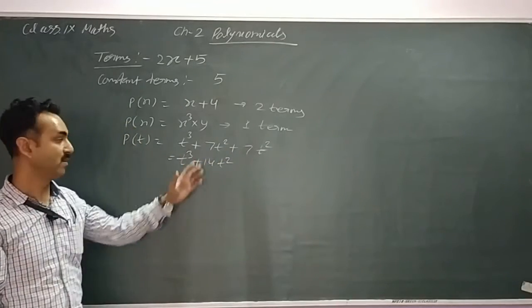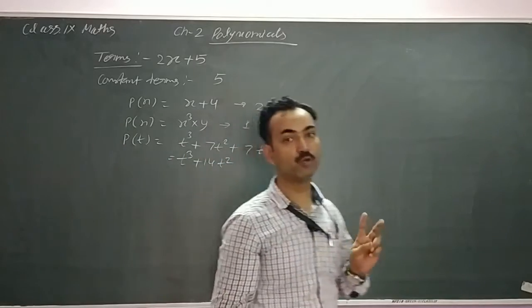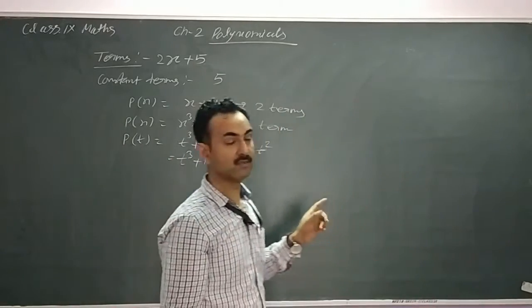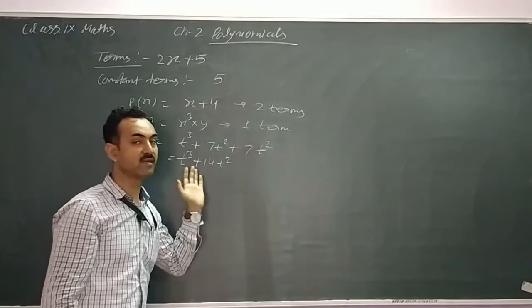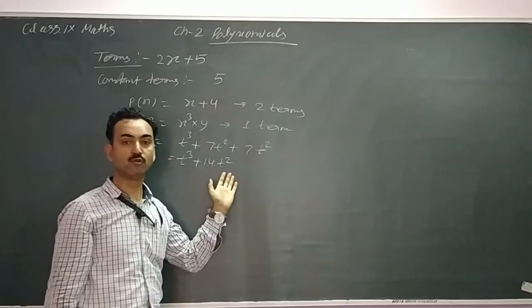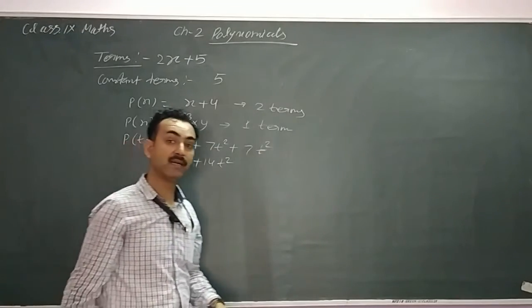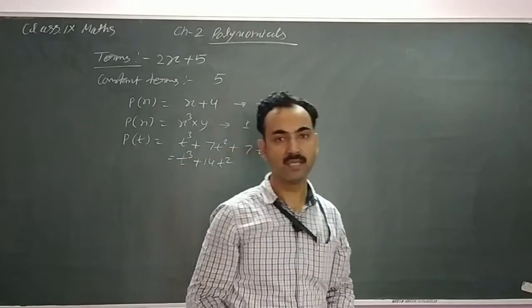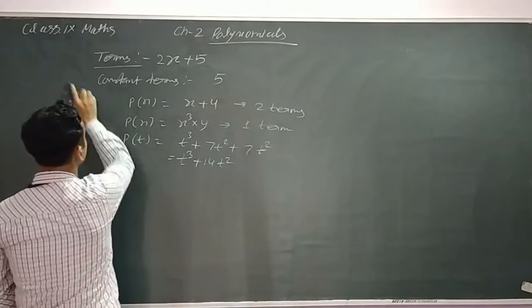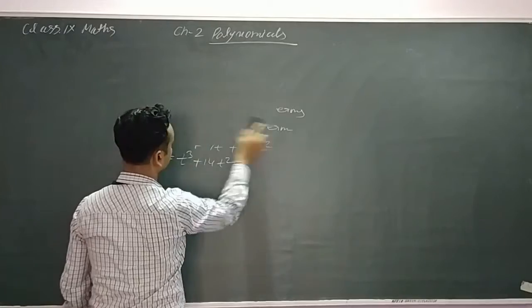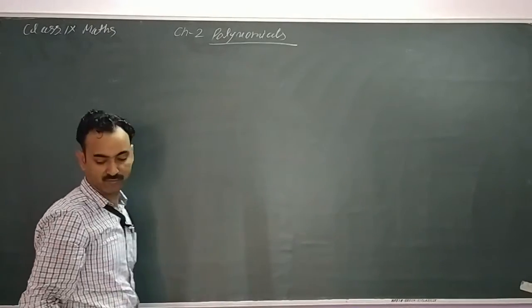So after simplification there are actually 2 terms. In the question there are 3 terms, but after simplification there are 2 terms. So you have to count the number of terms after simplification. Now the terms are clear, and how to count the number of terms.